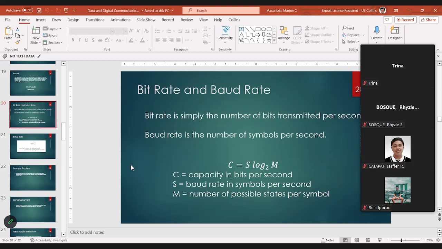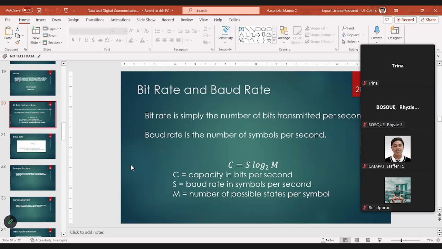To compute the capacity in bits per second, we're going to use the formula C = S log to the base 2 of M. Looks familiar. Instead of using B, we're going to use S, so that you won't be confused, since we used B for bandwidth.